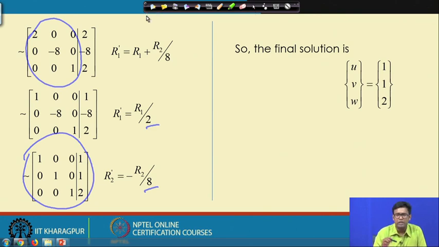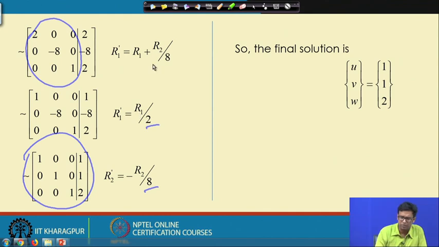Now, we have earlier seen that exchanging rows is a multiplication by a permutation matrix, and subtracting one row from another is also a matrix multiplication. We will see that dividing all elements of a row by a scalar is also a matrix multiplication step.